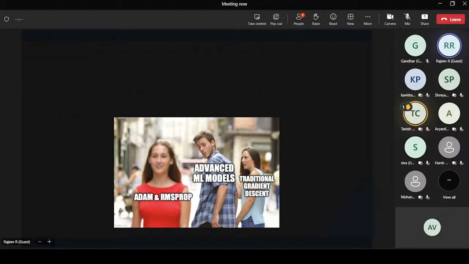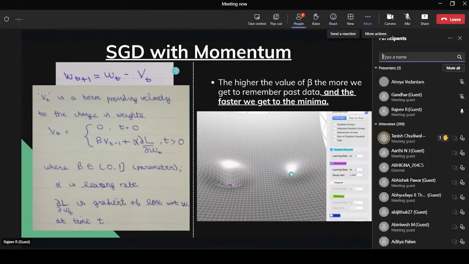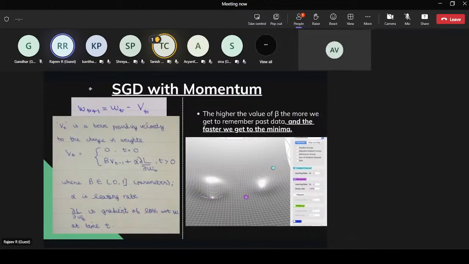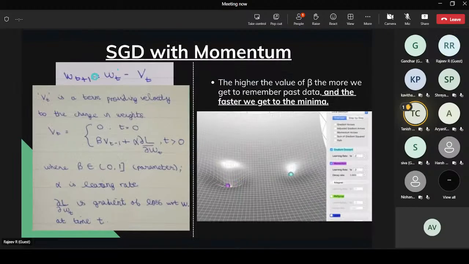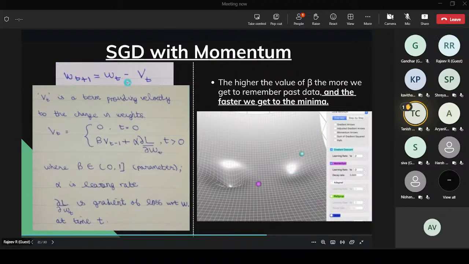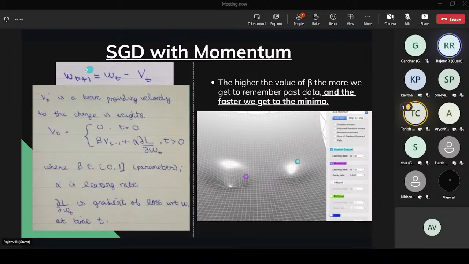I'll be going through SGD with momentum here. A little bit of math may be involved, so I'll give you a gist of what this formula can help with. This is a change in weight.